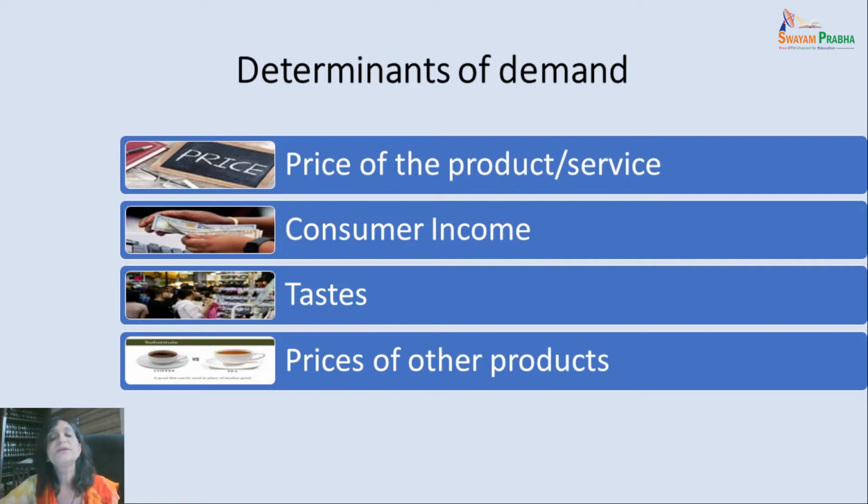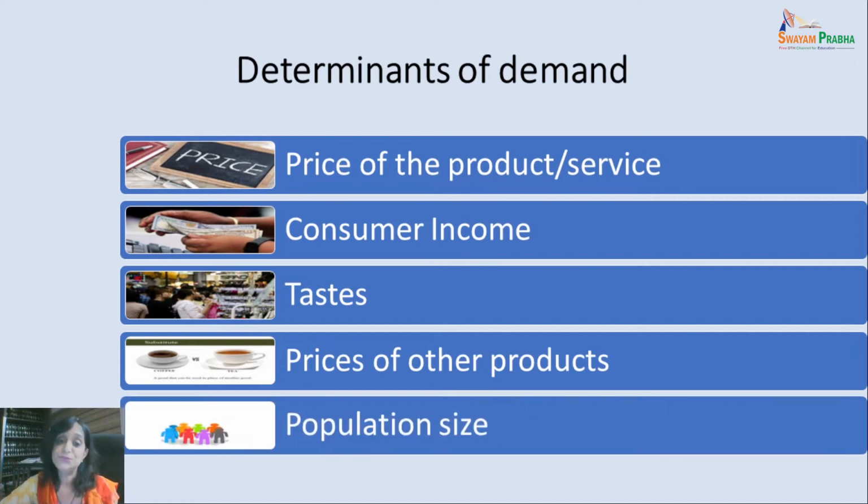So the price of the other products, that is complements and substitutes, also has an impact on the demand. Then population size, because more people would mean more demand, fewer people would mean less demand. So these are called the determinants of demand.